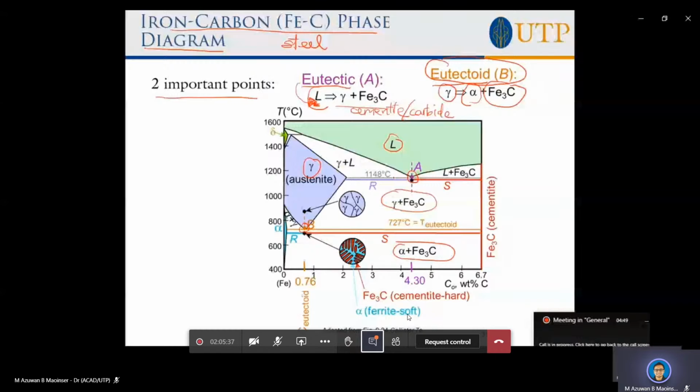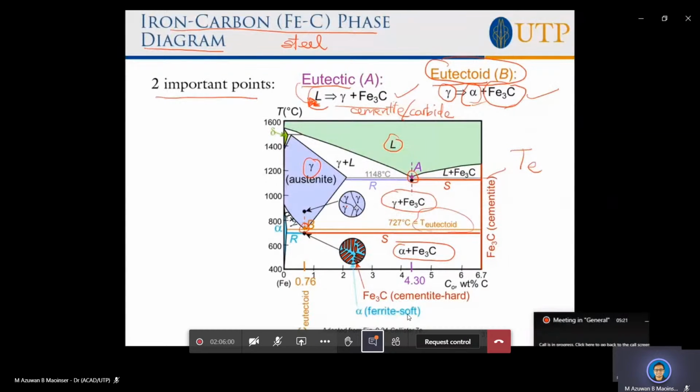Okay, again, if you want to know the composition of each of these phases, of course you need to draw the tie line just below the line. Of course, this temperature for it is what we call eutectic temperature, and this 727 is called eutectoid temperature.